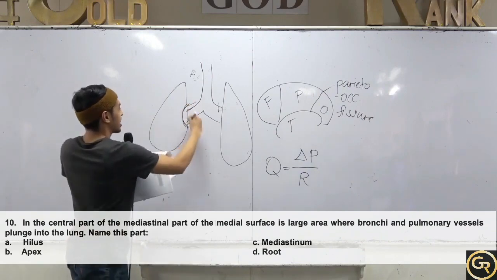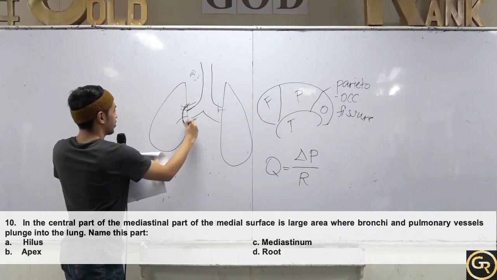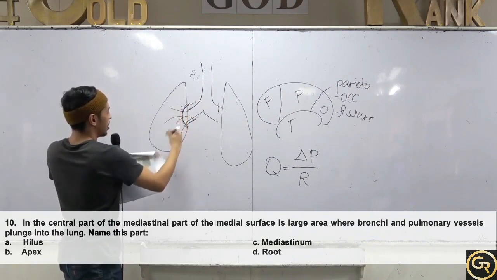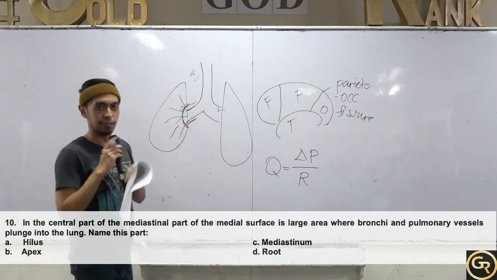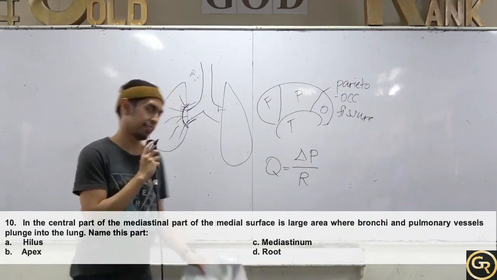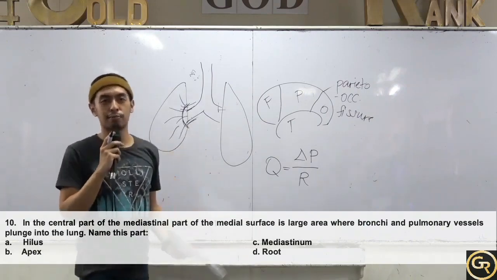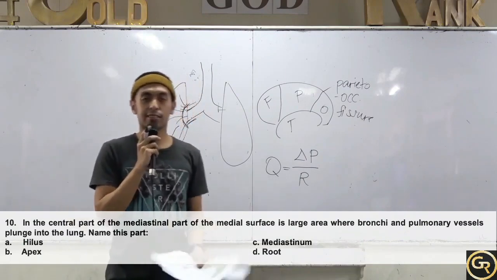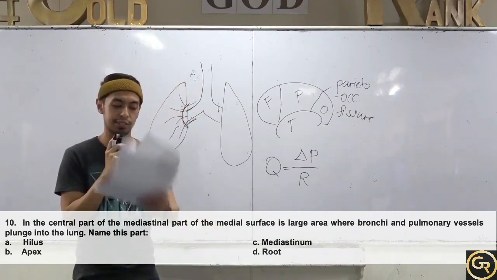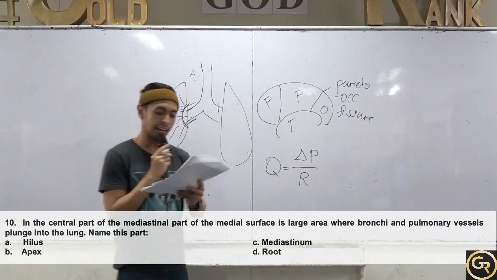It has a hole here, for your bronchi and your vessels to enter. Now, what do we call this hole? Where your bronchi and blood vessels enter, that would be your hilus. Okay? That would be your hilus.